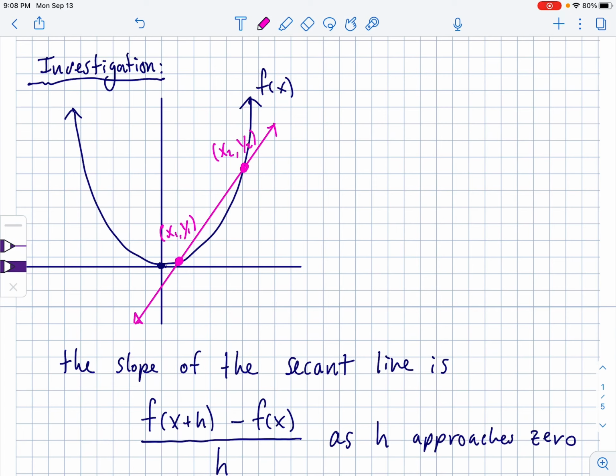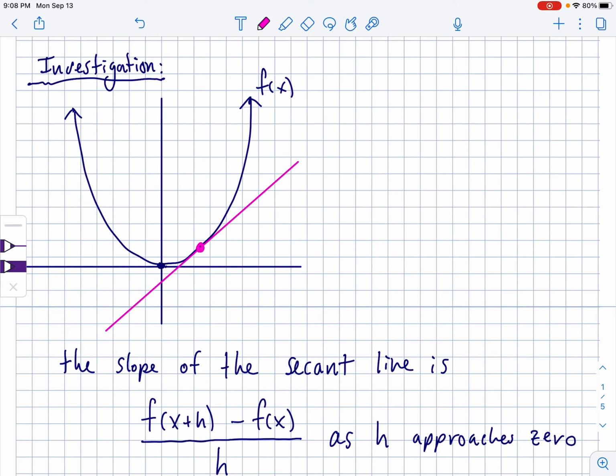We could use our slope formula to figure out the slope of this secant line. But the question becomes, how would you find the slope of a tangent line?